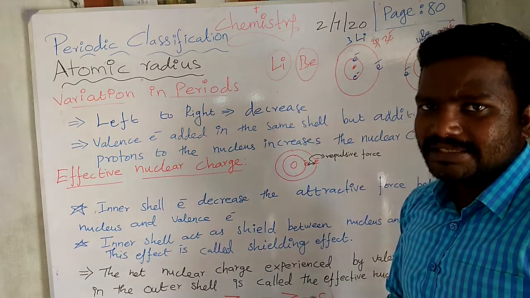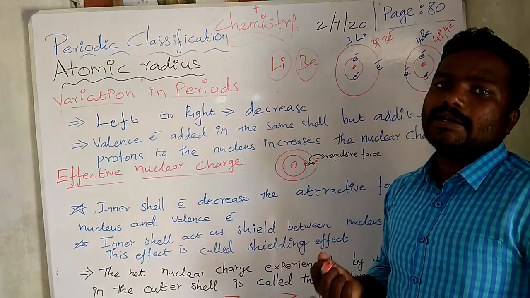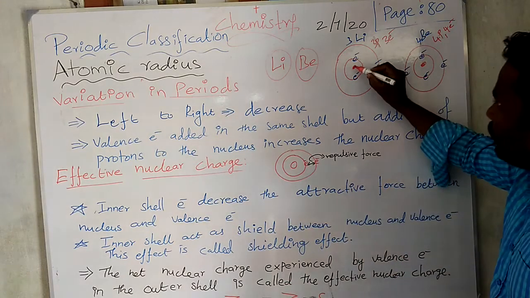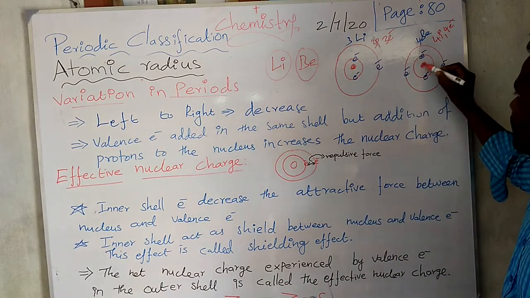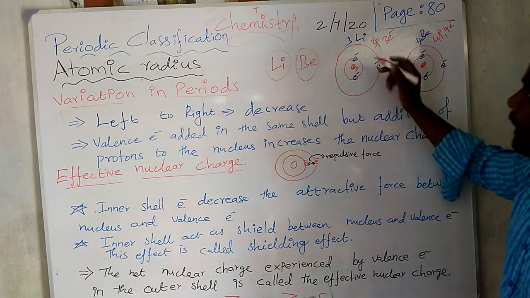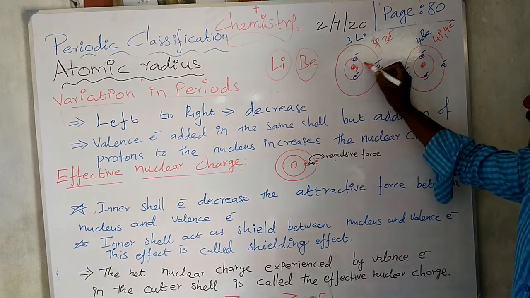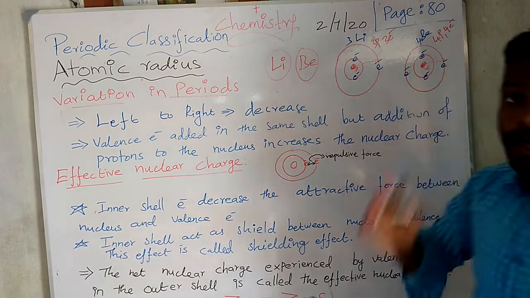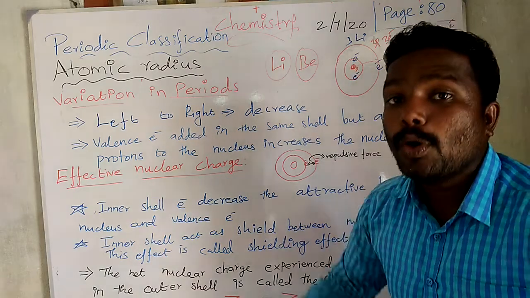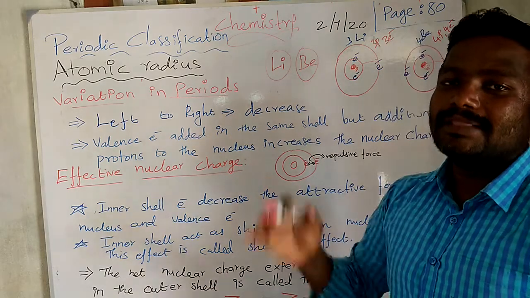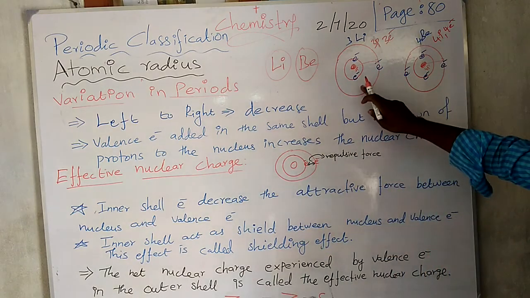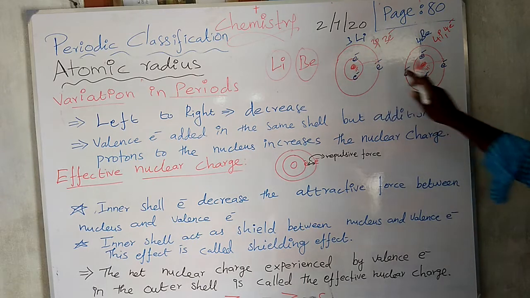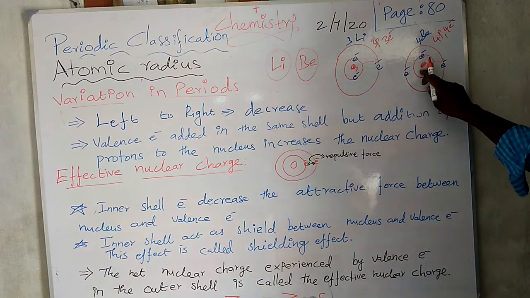Nuclear charge increases means the attraction of electrons towards the nucleus will increase. Now we are comparing the nuclear charge: the nucleus with 3 protons attracts the outermost cell, and the nucleus with 4 protons has a more attractive nature than lithium. Again, my dear students, lithium has 3 protons in its nucleus and beryllium has 4 protons in its nucleus.